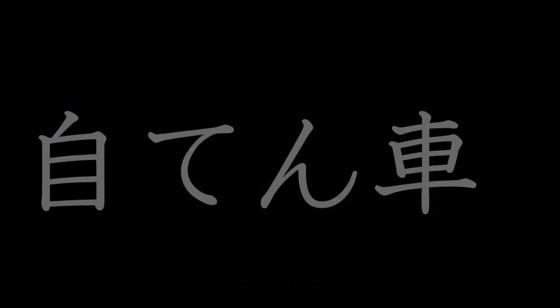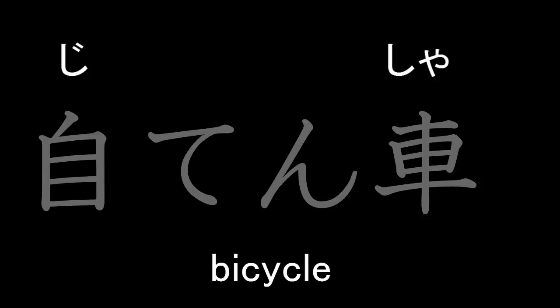And finally we have jitensha, or self-revolving wheel or vehicle, and that refers to a bicycle. Jitensha, bicycle. Now we don't need to know the ten character for GCSE, so we're going to write that in hiragana. Let's have another quick look at the stroke order. So here is ji.